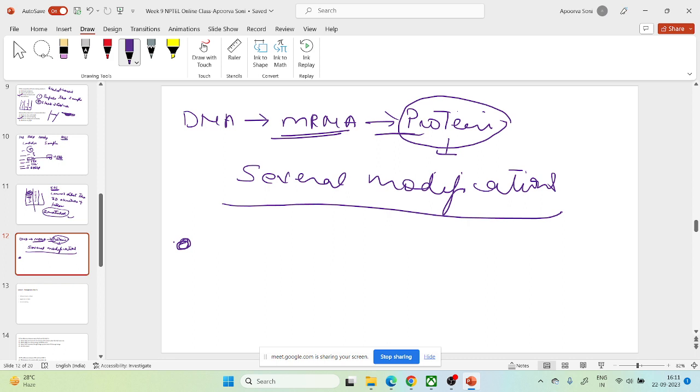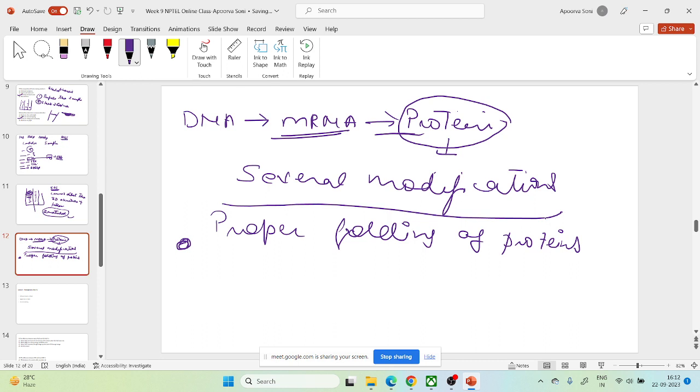Then only is a protein able to do its function. So it's not only the synthesis that is important, but the proper folding of proteins.